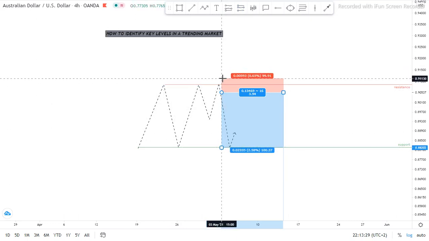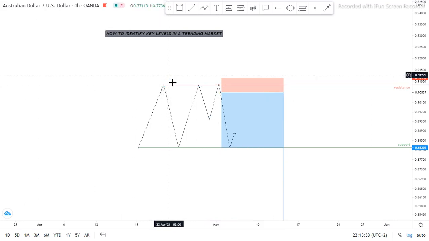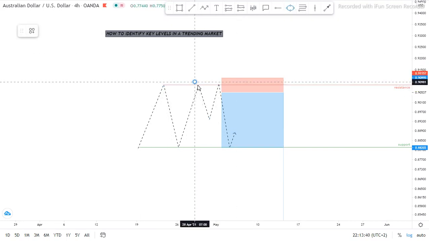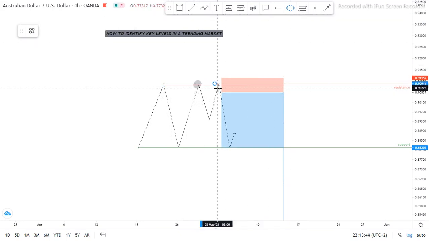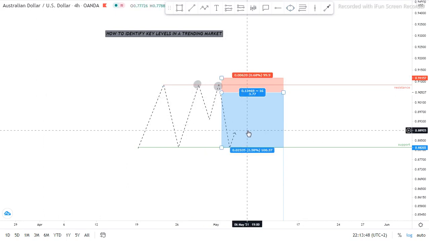Stop loss anywhere above our respected key level, right? So this would be our first touch, then this would be our second touch of the double top.